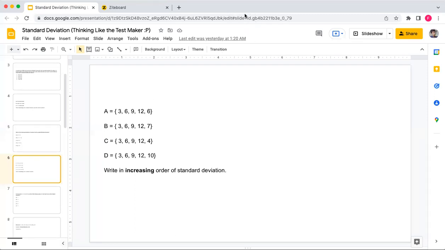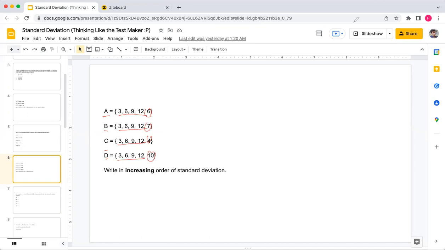And try to think of this. I told you earlier that in such questions there's always a pattern, something you need to figure out. If you see, in all of A, B, C, and D, the first 4 elements are the same, isn't it? For the time being, don't consider 6, 7, 4, and 10.